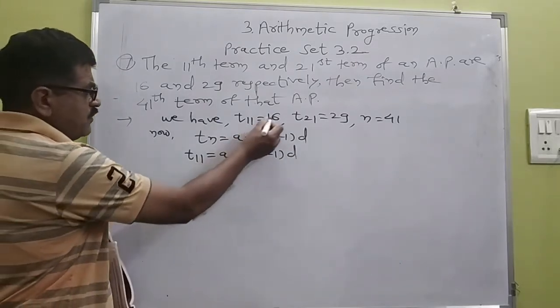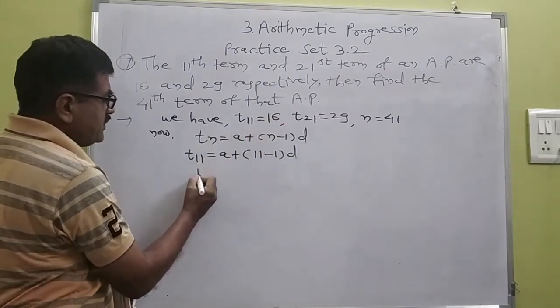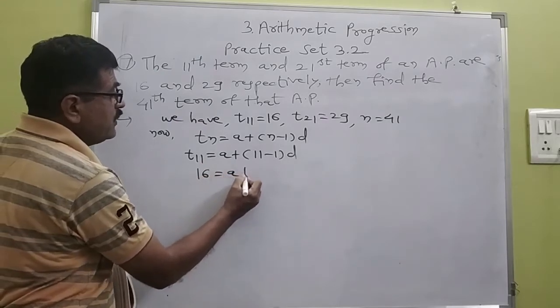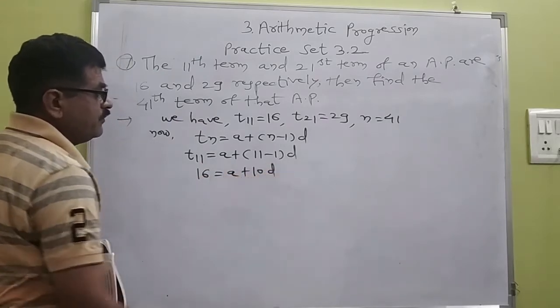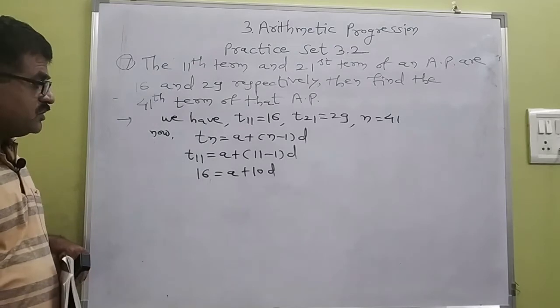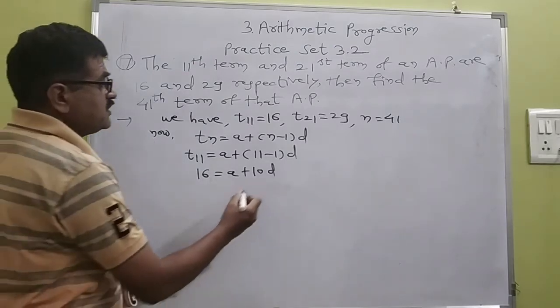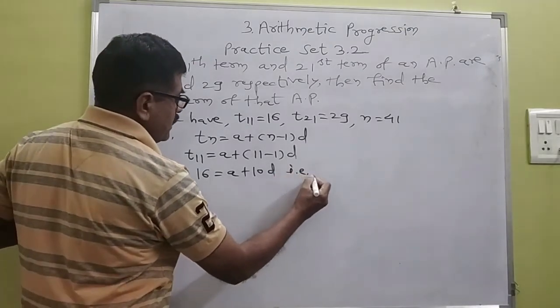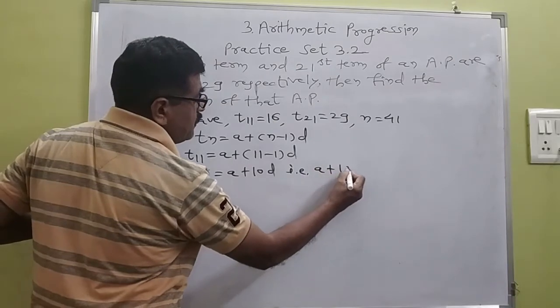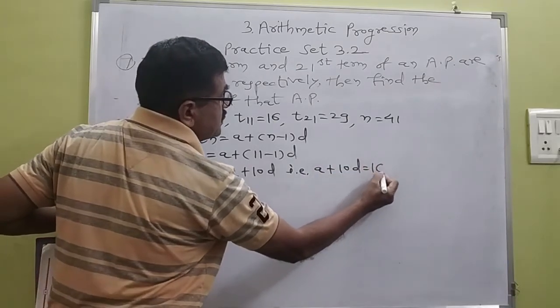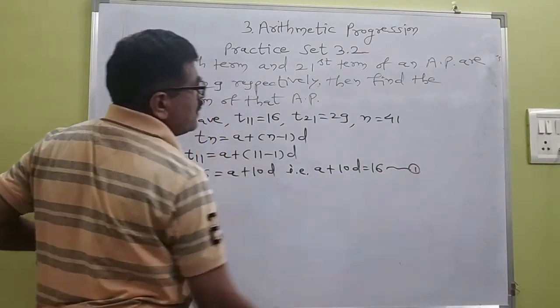Now put the value of T11 as 16. 16 is equal to a plus 10d. That is, we can write this as a plus 10d is equal to 16. This is number 1.